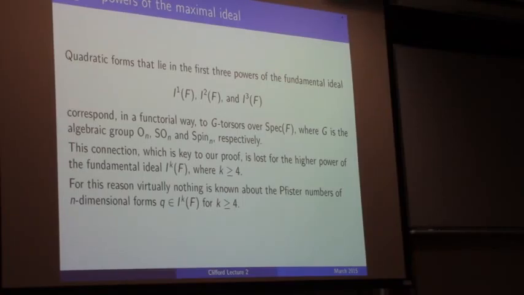Do you anticipate any combinatorial way of calculating these Pfister numbers for specific fields? You mean for I3? For example, yes. You ask for a minimal number of generators that are needed.